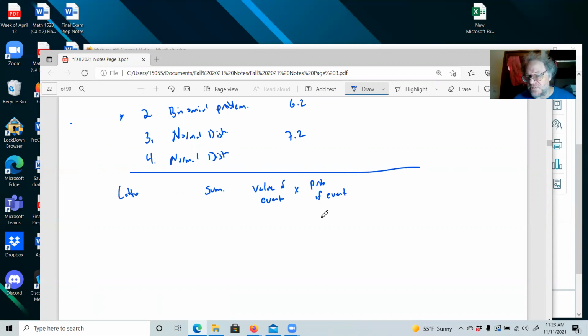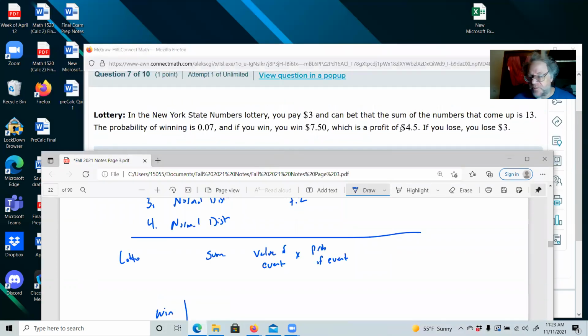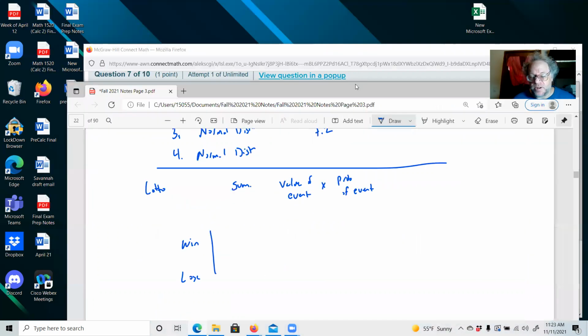Times comes first, remember order of operations, and then we add. We have win and lose for our lotto numbers. If we win, what is our profit? Well, they told us we have a profit of $4.50. We are winning $7.50 minus the $3 it cost us to get into it.